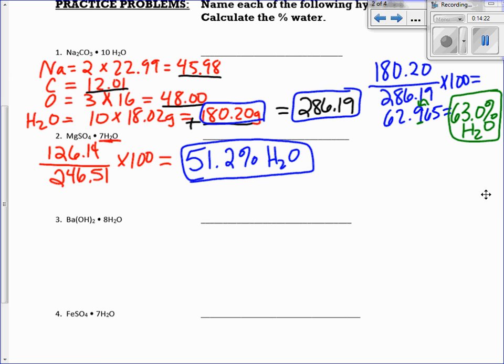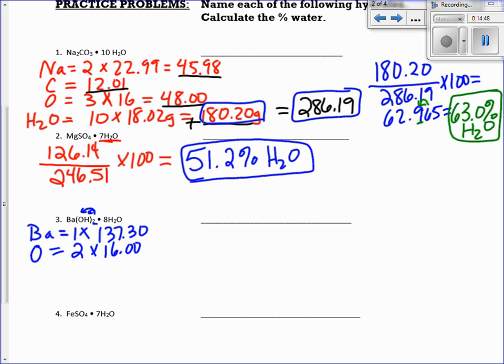All right, on this third problem, just to reiterate, when you have parentheses, this outside 2 is going to distribute to both of the things inside. So you have barium, which is 1 times 137.3. But your oxygens are going to be 2 times 16.